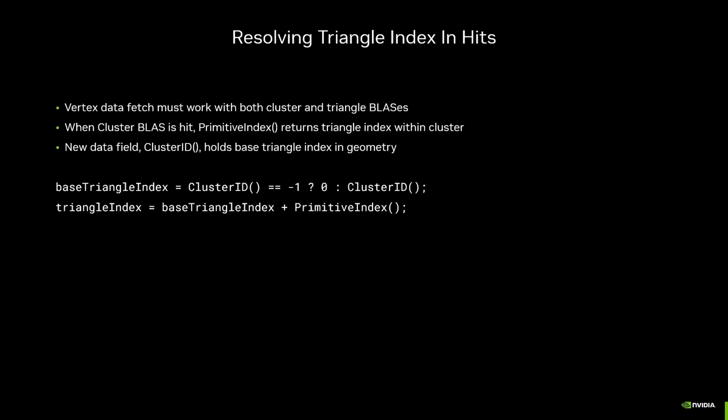There's a new data field, cluster ID, and it's used to resolve this. The base triangle index in the geometry is stored in it for the clusters, and this is set in the template arguments. The cluster ID intrinsic function automatically returns -1 when a hit is on a triangle BLAS, so this has to be taken into account.